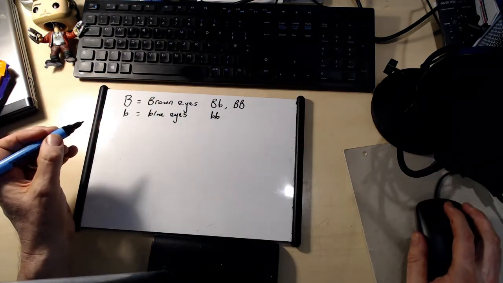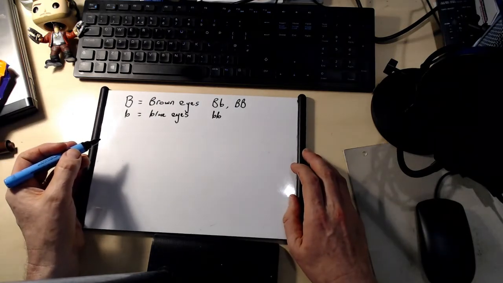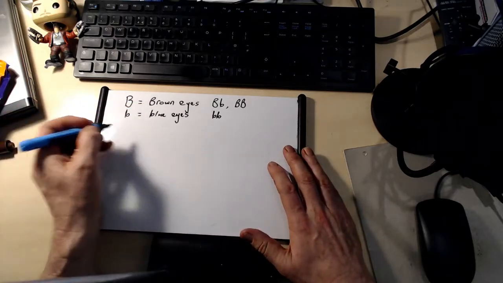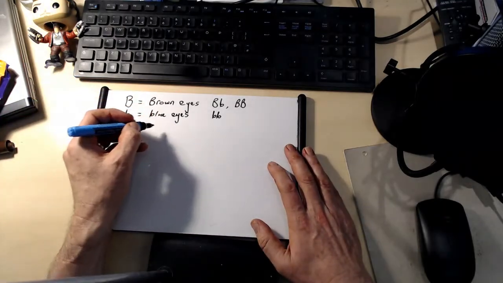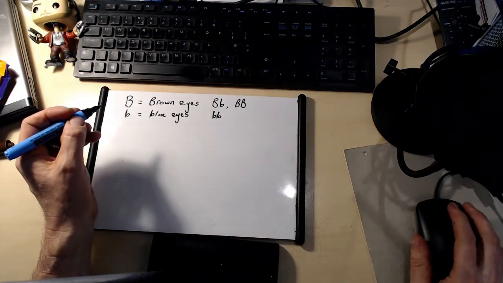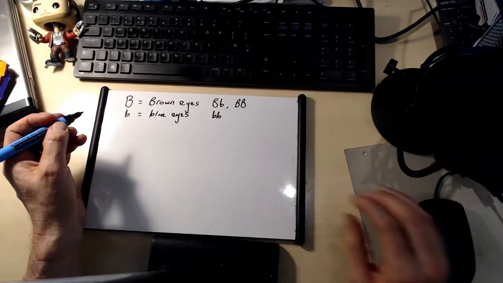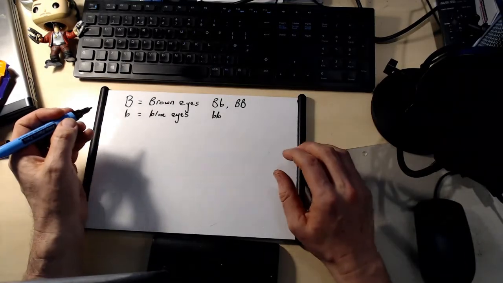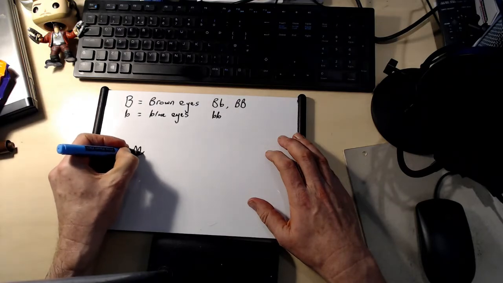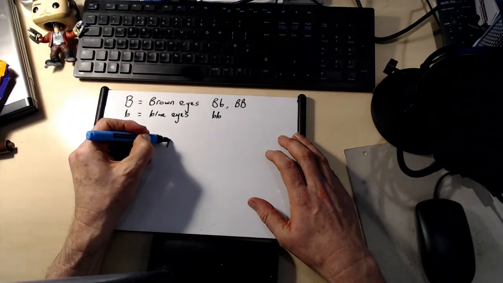Okay. So let's have a look at two parents first of all. I'm going to tell you that the parents both have brown eyes. So the male is going to have the following.